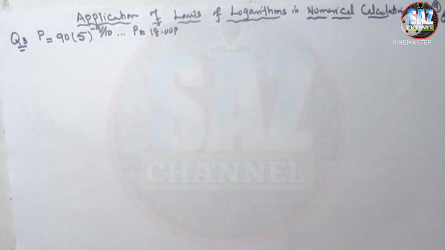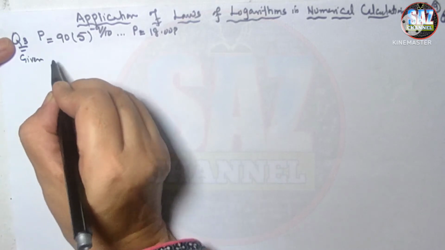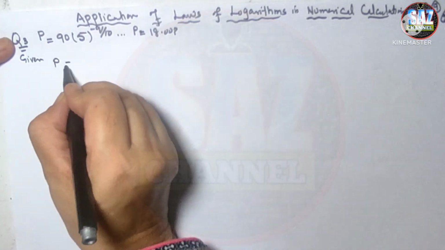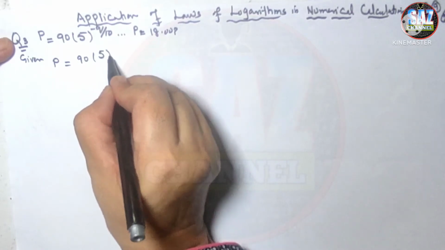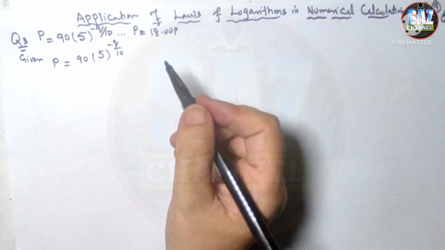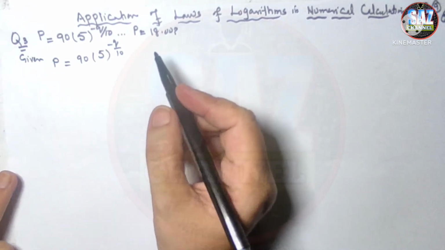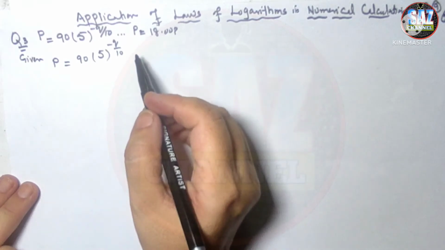That given is p equals to 90 into 5 raised to power minus q by 10, and now it's up to you. Either you can apply the value first, or you can apply the laws first.